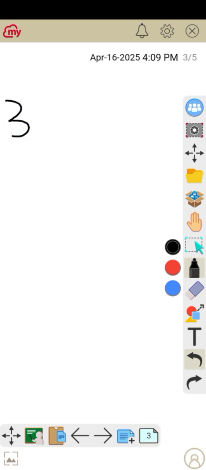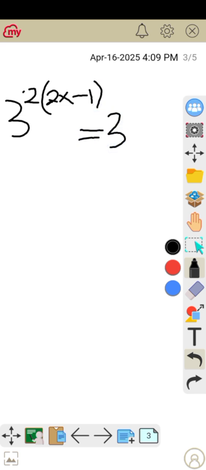So what we are having now is 3 to the power of 2 into 2x minus 1 is equal to 3 to the power of 4 into x minus 2 minus 1x.